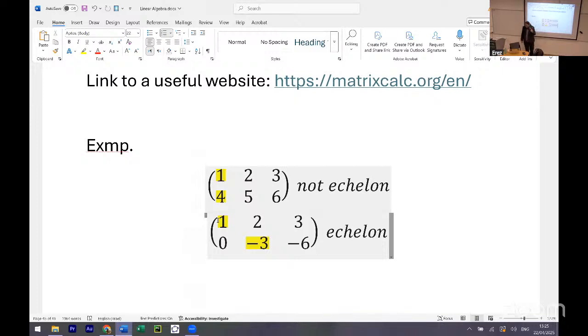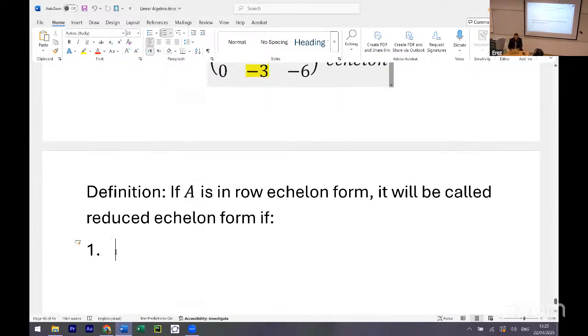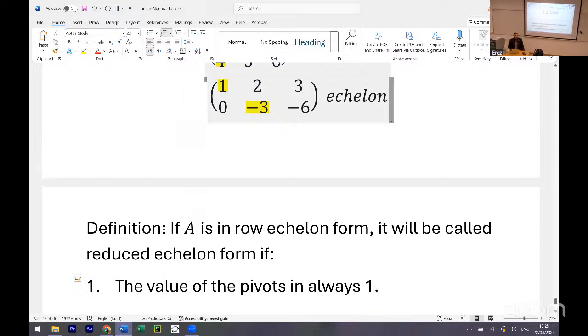That will be the first claim of reduced form: the value of the pivots is always 1. And now I'll remind you of some properties of a field, which we started the course with.